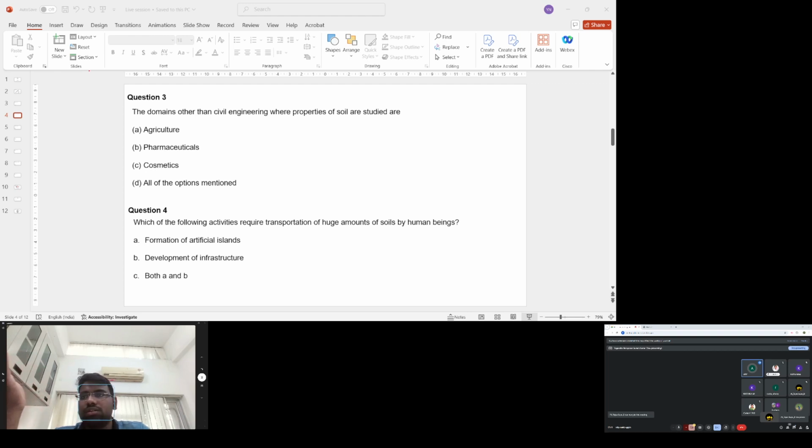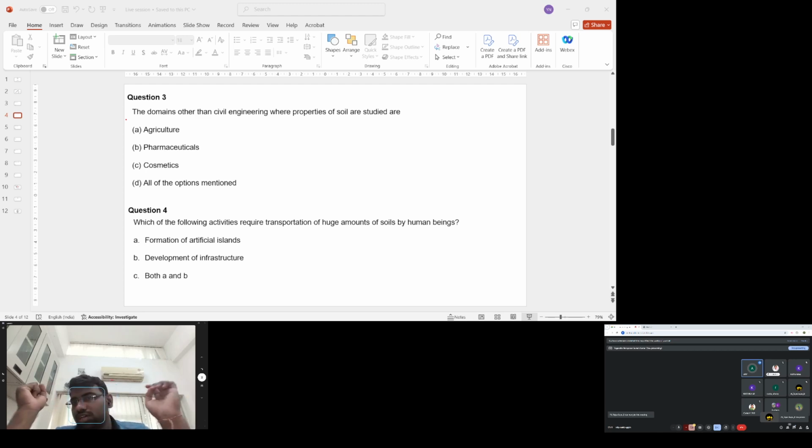Some of the tests in geotechnical engineering have been adopted from agriculture. There, the subject is studied as soil science, soil physics, soil chemistry, but we apply those concepts here also to an extent. So agriculture is a straightforward option.